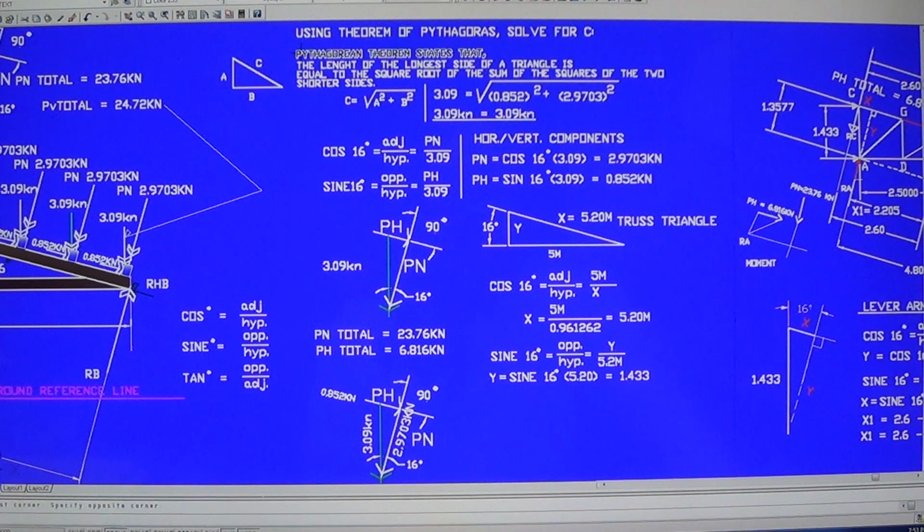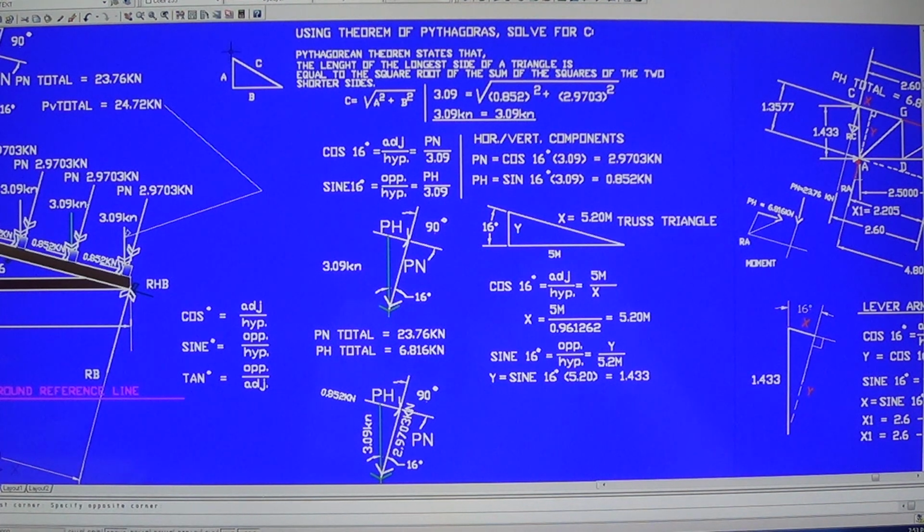The Pythagorean theorem states that the length of the longest side of the triangle is equal to the square root of the sum of the squares of the two shorter sides. So we formulate that definition there of the Pythagorean theorem.